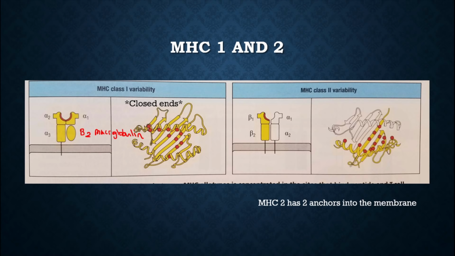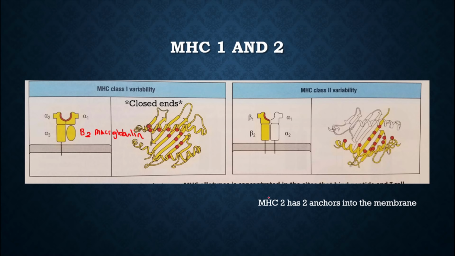It's important because MHC1 is limited in the peptides it can bind. MHC2, however, has open ends, and as a result, it can bind longer peptide chains that can have a little more variability. As I mentioned, the receptors are degenerate so that multiple peptides can bind to one receptor.